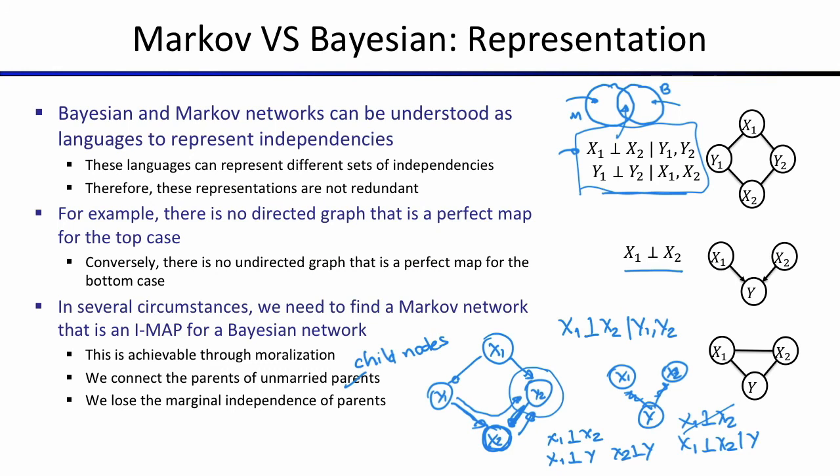We have this Bayesian network here. We have these two parents that are not married, so we're going to marry them, put an edge between them, and we get this Markov network here. Of course, this Markov network is not able to express the independence that we have in this Bayesian network, but this Markov network here in the bottom is an IMAP for the Bayesian network. And what we lose is exactly this independence here.